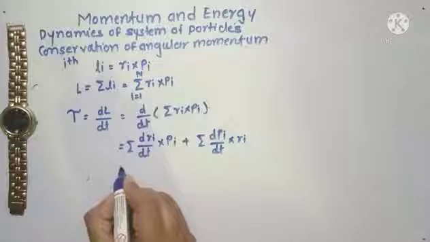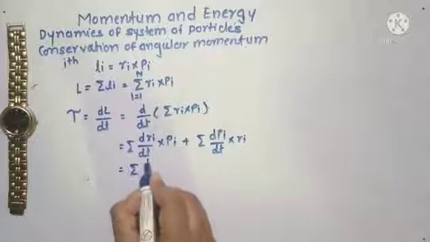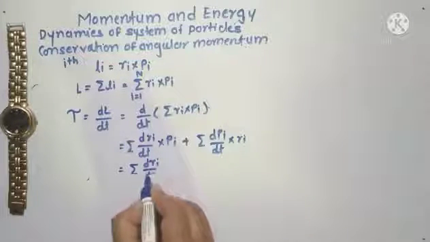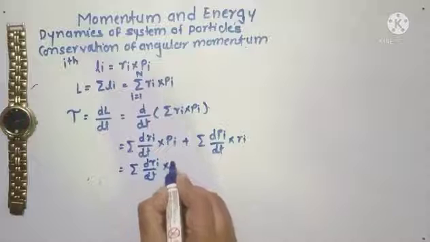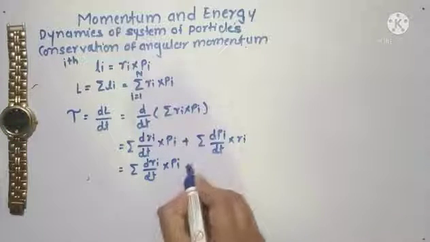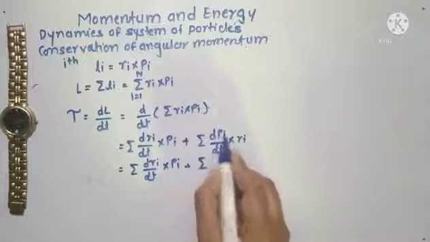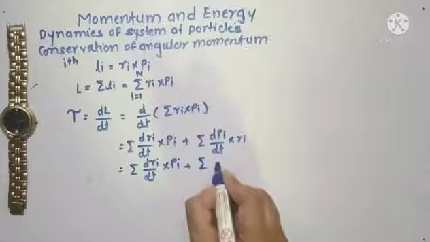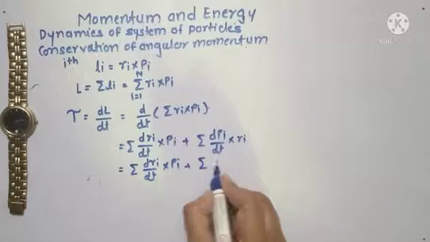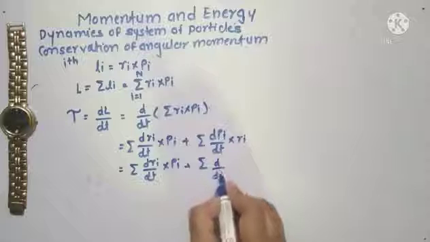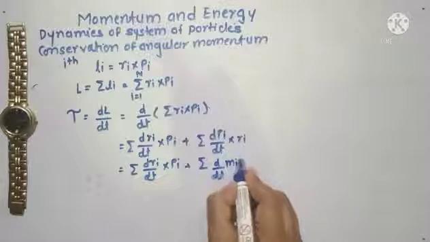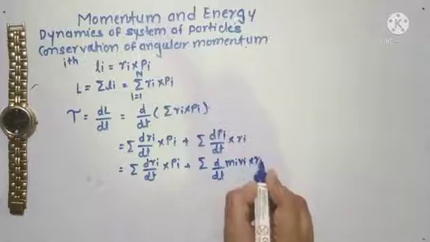So this summation of dRi upon dt cross Pi, and if I put the value of this Pi as mivi, and vi is nothing but dr upon dt again, then it becomes d by dt of mivi cross Ri.